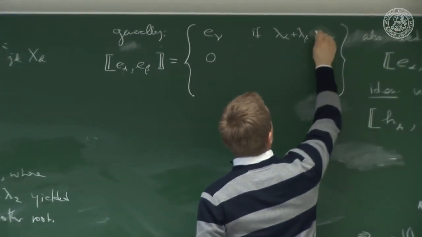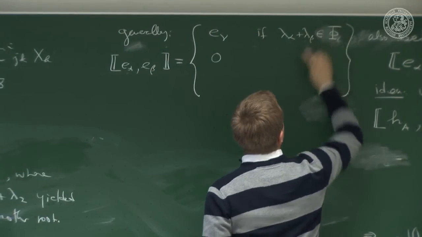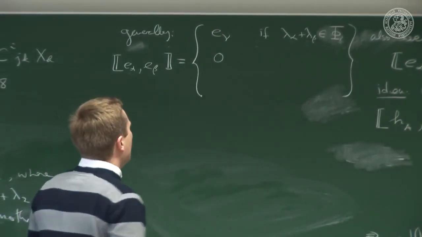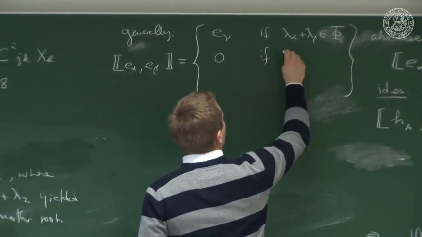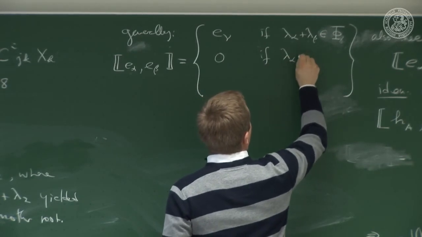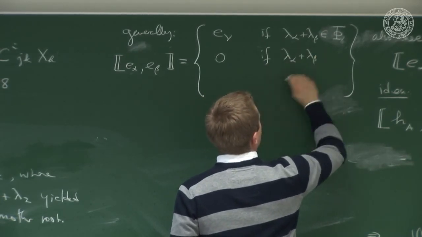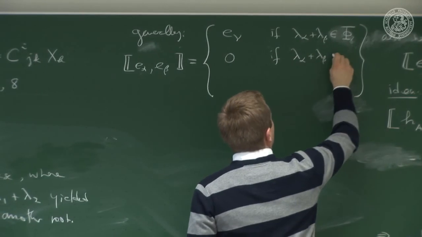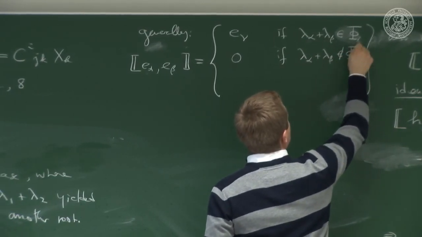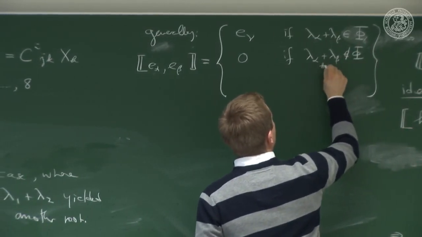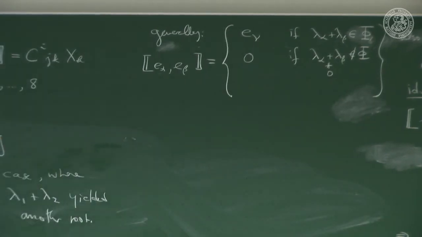I should say if this sum here is in the root space, that's the right formulation. And it's 0 if the sum lambda alpha plus lambda beta is not in the root space and is non-zero. Then we put a 0 there.